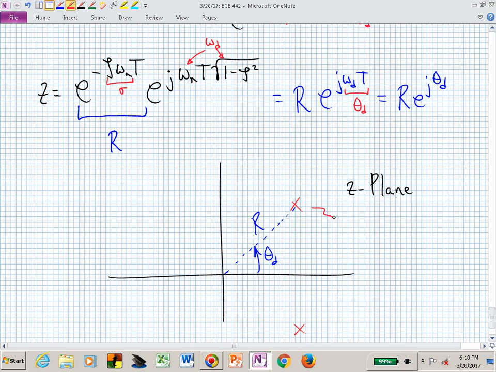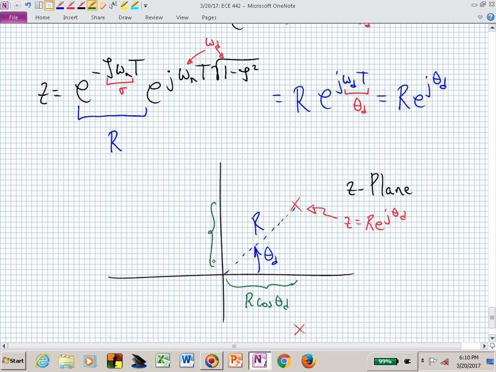This location right here is z equals r e to the j theta sub d. Or you could think of this real piece being r cosine of theta sub d, and you've seen that appearing throughout different z transform expressions.